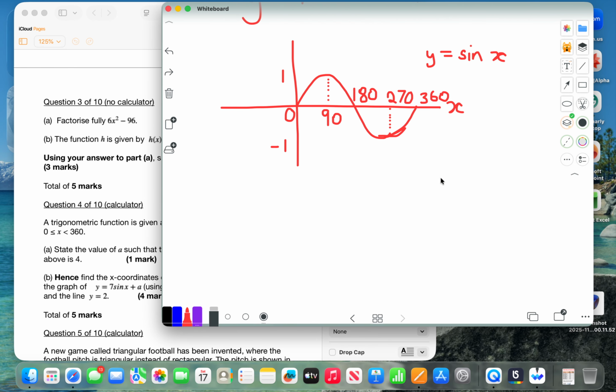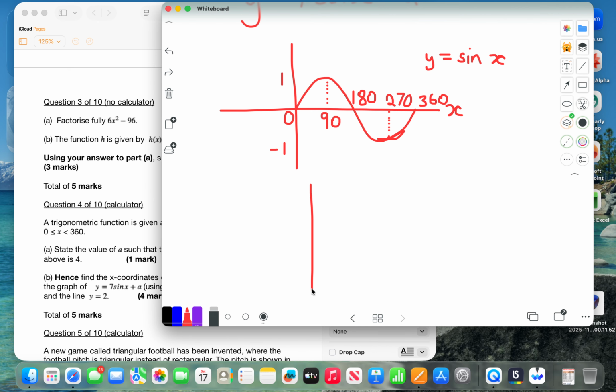Now, if we have the graph of y equals k sine of x, then it's going to look the same shape, but we get this instead.